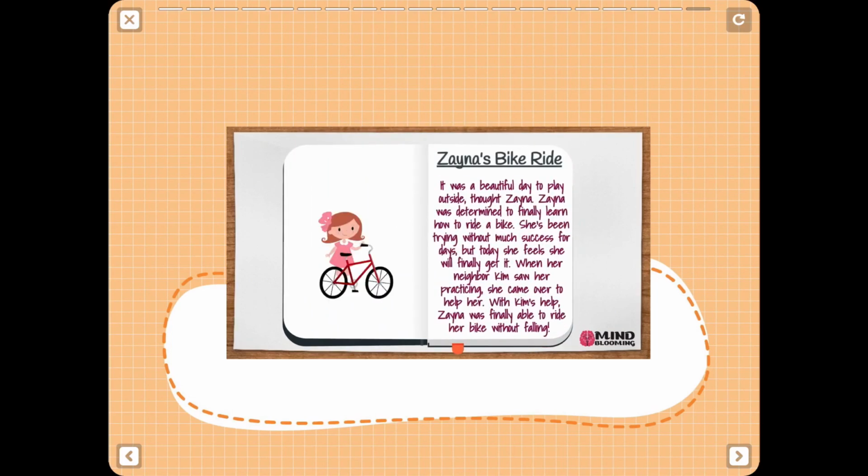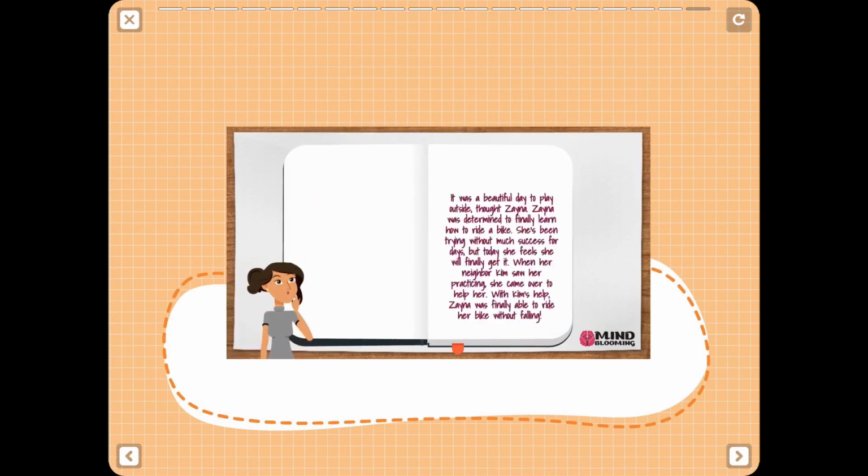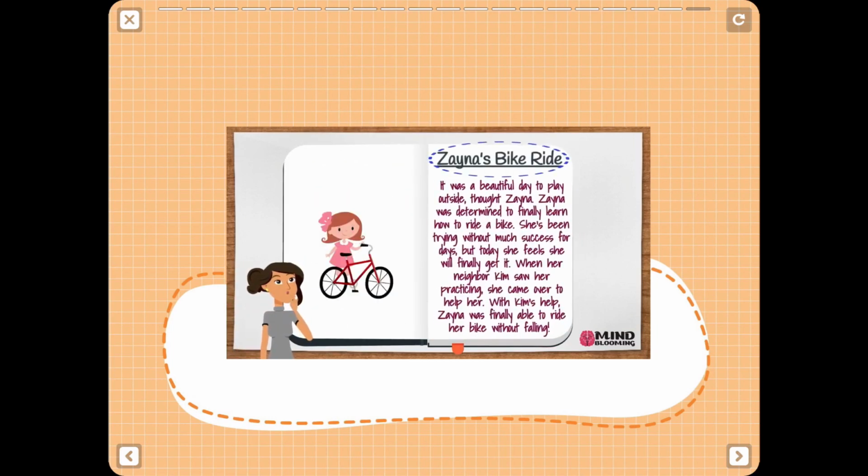Remember, for me to find the main idea or the big idea of the story, I need to look at the title of the story, the first sentence, the last sentence, and finally the pictures or illustrations in the story. From the title, I know that Zaina is going on a bike ride adventure. From the first and the last sentence, I know that she has been practicing and she was finally able to ride her bike. I can also see that from the picture.